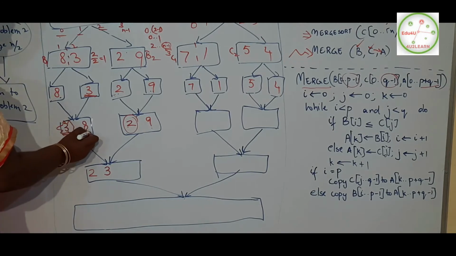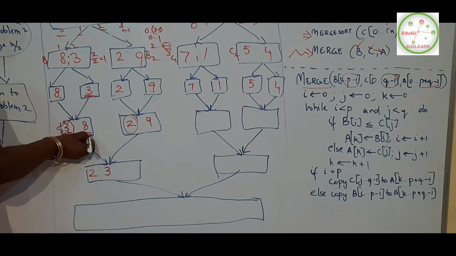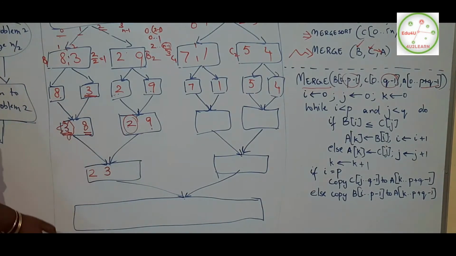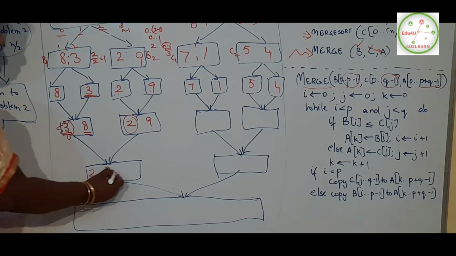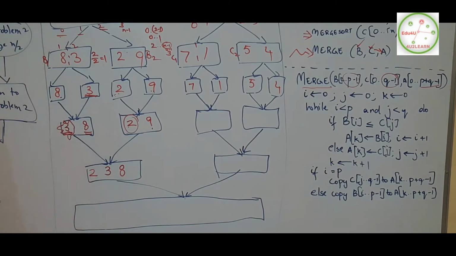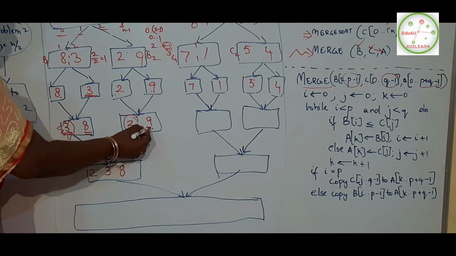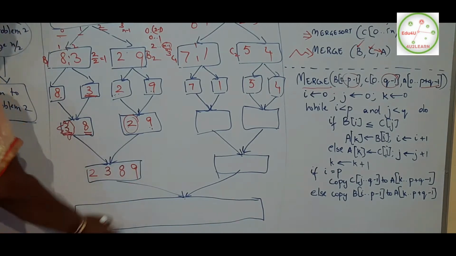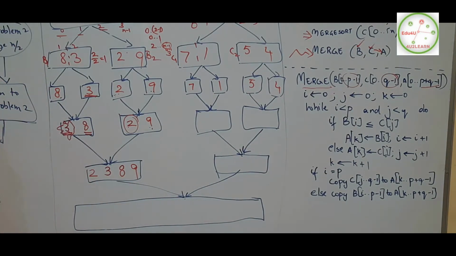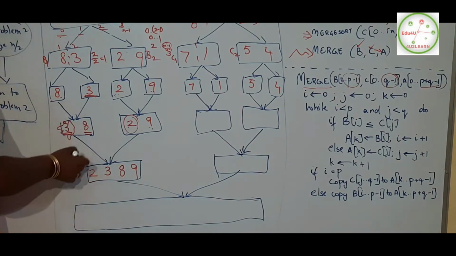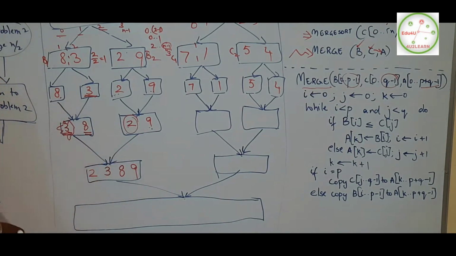Now moving on to the next element, this is compared with 9. So 8 and 9, 8 is the smaller element. Now what is being left out is 9, so we add this 9 here. This is the principle. But how do we know what size it is?